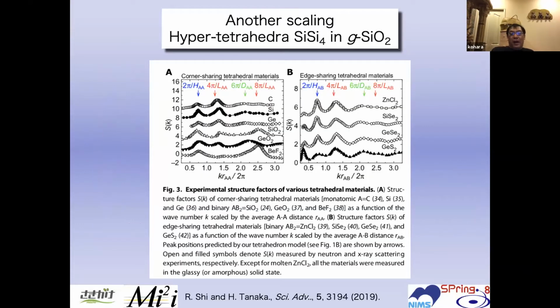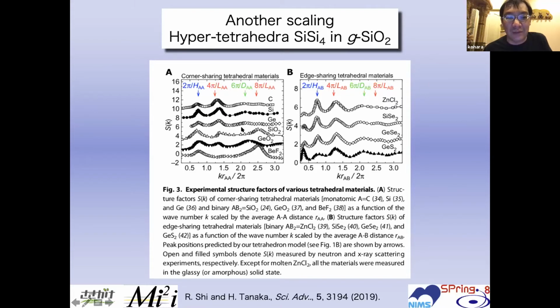Okay, in my talk, we introduced the scaling by the distance between the center of tetrahedra and the corner of tetrahedra. This is our formalism. But very recently, Professor Tanaka proposed a formally normal scaling by center of tetrahedra with center of tetrahedra.